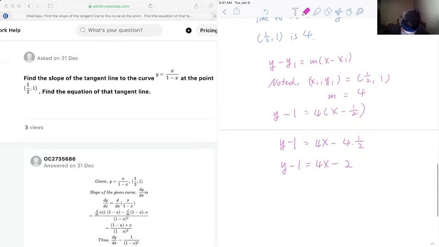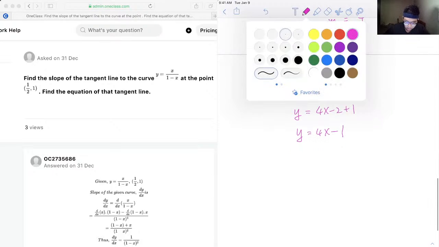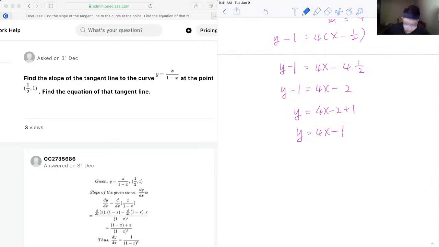And we will have y is equal to 4x minus 2 plus 1, so y is equal to 4x minus 1. Now we can write the conclusion.